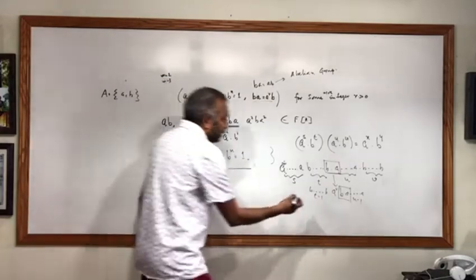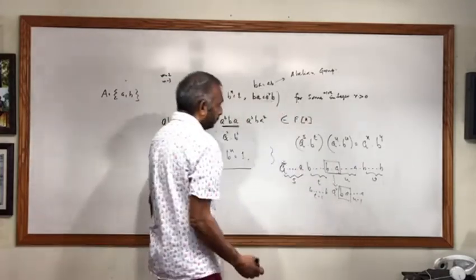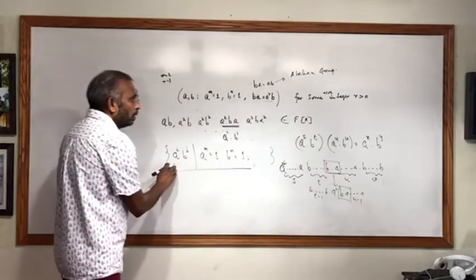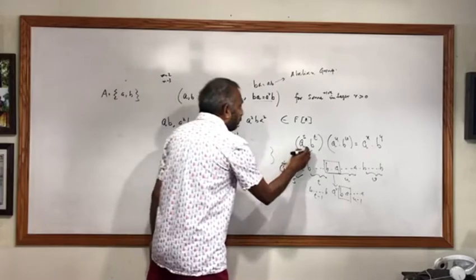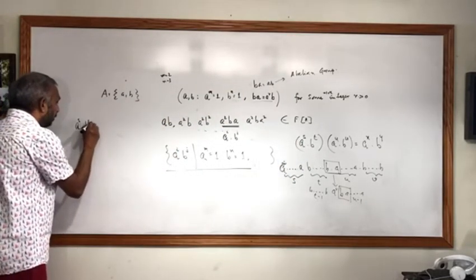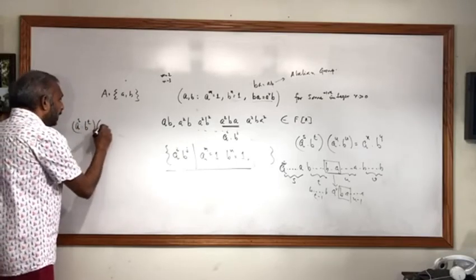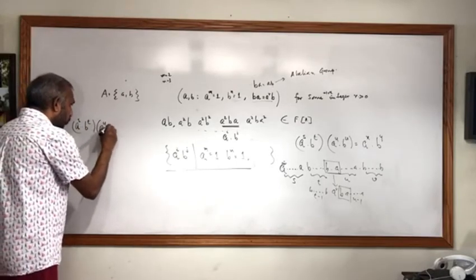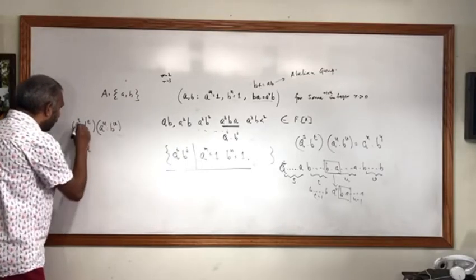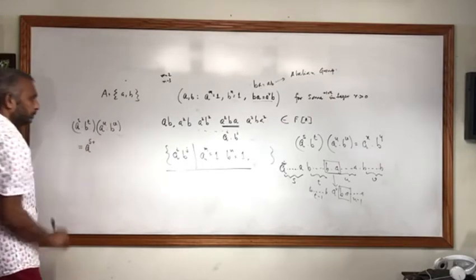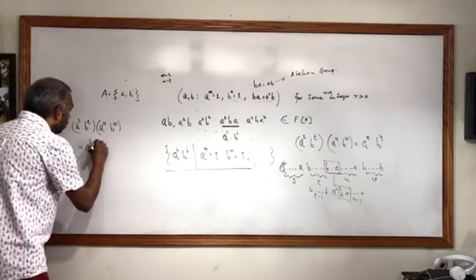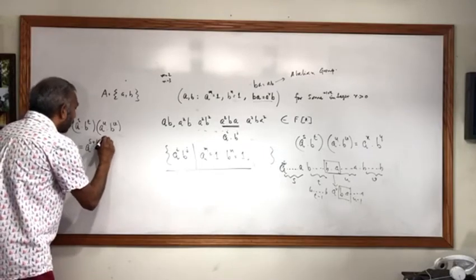So if you continue like this process, the multiplication of this group will be defined like this: a^s b^t times a^u b^v is equal to a^(s + u r^t) times b^(v + t).